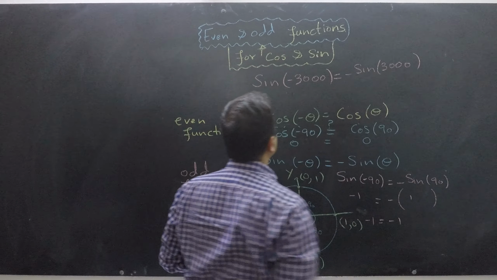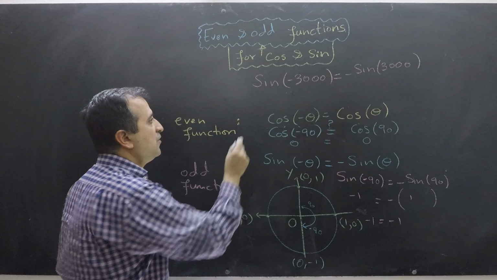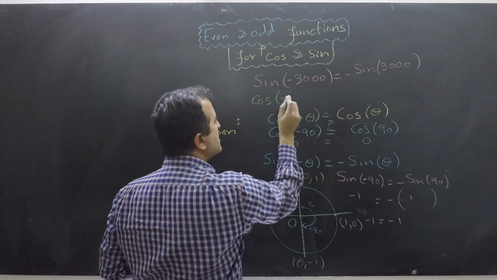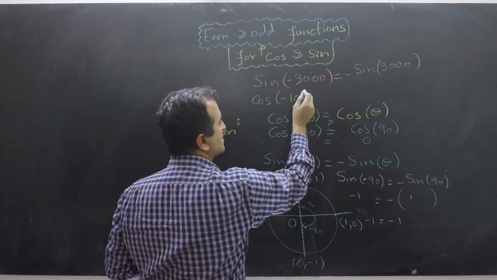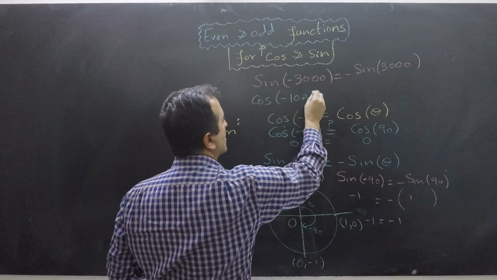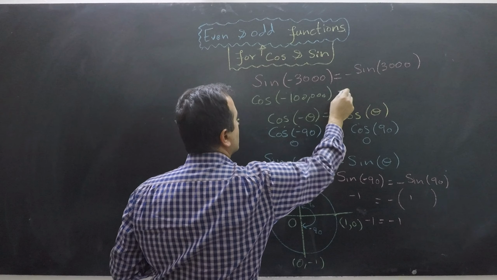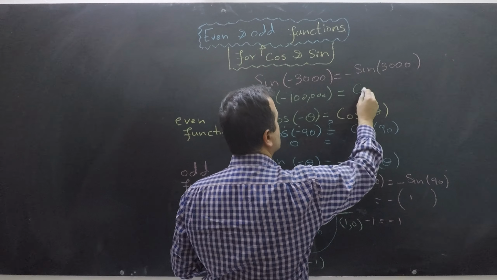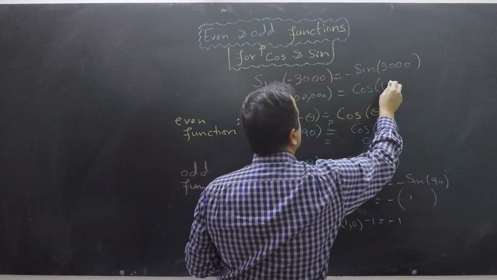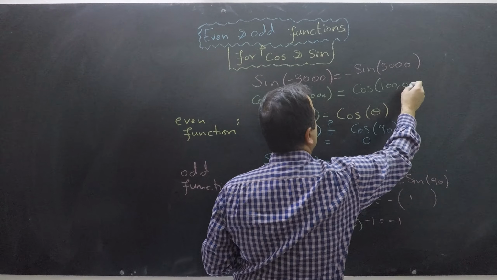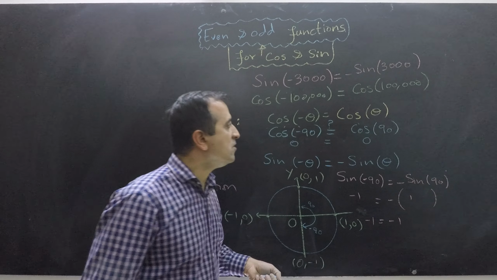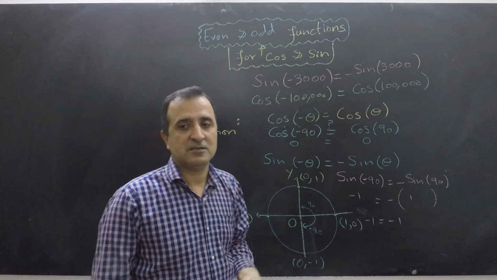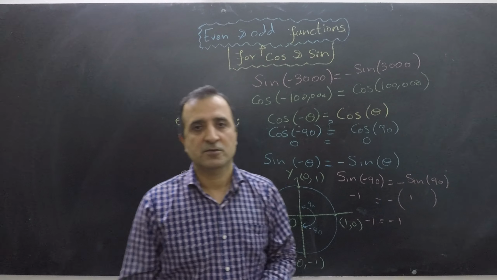Similarly, cos minus 100,000 degrees will be equal to cos 100,000 degrees. If you don't know how to find such large theta values, see our next video. So stay tuned.